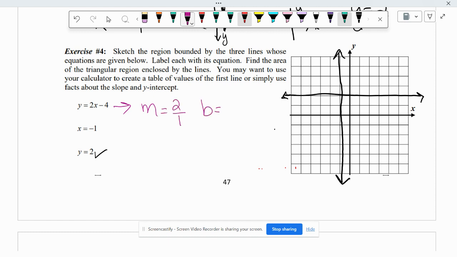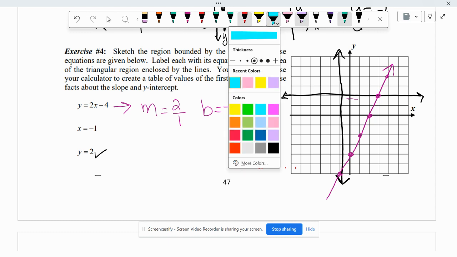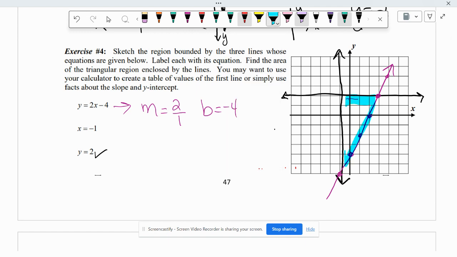And I begin at -4 on the y-axis. From there, I go up 2 over 1. And I continue that pattern. So we're asked to tell what kind of image this creates, what kind of boundary these lines make. So these lines make a triangle, and we have to calculate the area of that boundary.